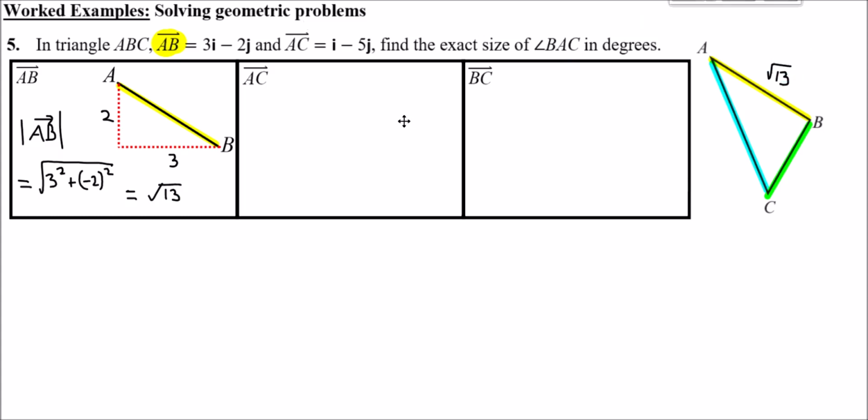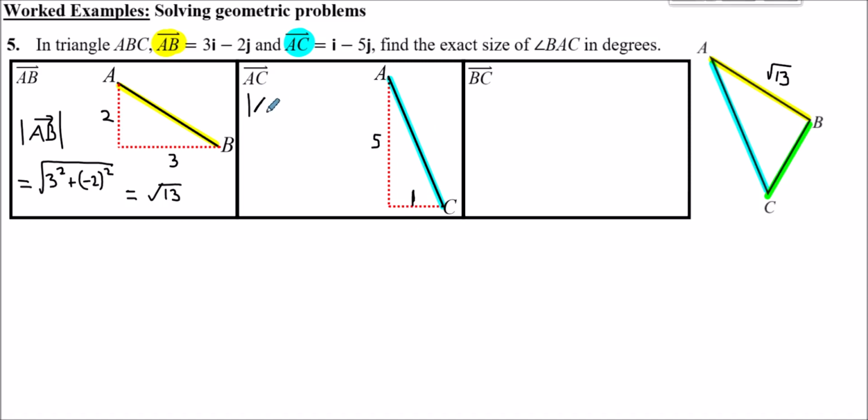In the same way, let's try from A to C. So A to C, we were told about this one as well. From A to C, we're going 1 along, so this one's 1, and we're going 5 down, so this length here would be 5.